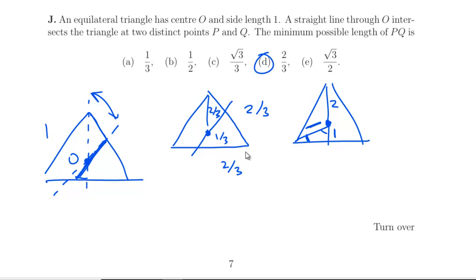And clearly, we don't want it going through any apex point on this triangle. As soon as it's going through an apex, we've got the highest length. So we just want to get halfway between going through these apexes, or at least that short length as we're cutting off another equilateral triangle.